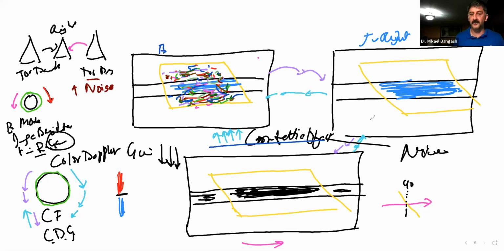But if you keep on increasing it, it may become too much color flow, which we call confetti effect. So if you see something like this, you'll probably like to decrease your color Doppler gain by turning this knob here counterclockwise.